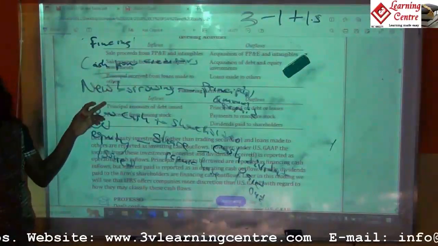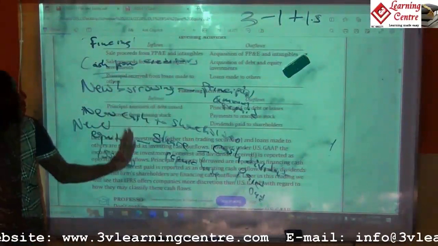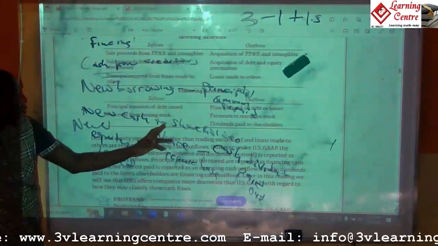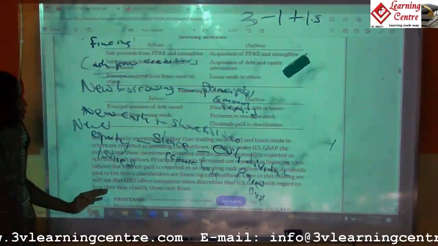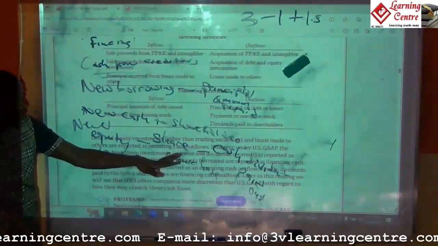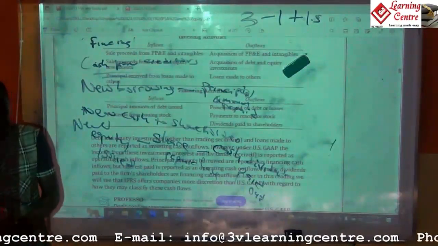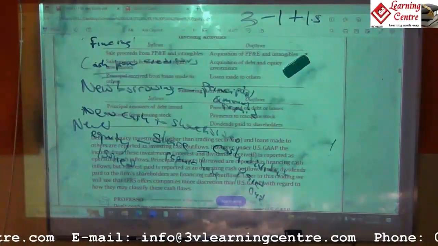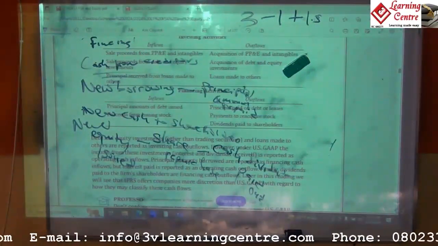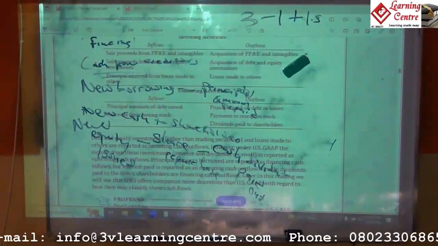So the cash from creditors is your new borrowings minus principal amount paid, while the new cash to your shareholders is your new equity issued minus share repurchase minus cash dividends paid out.